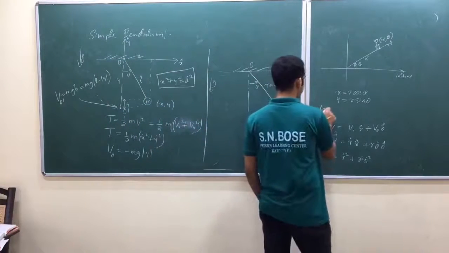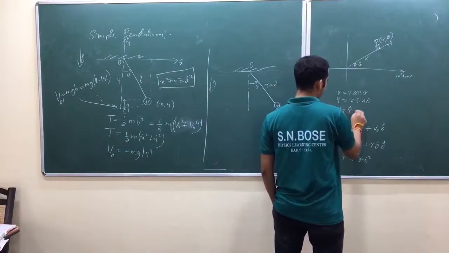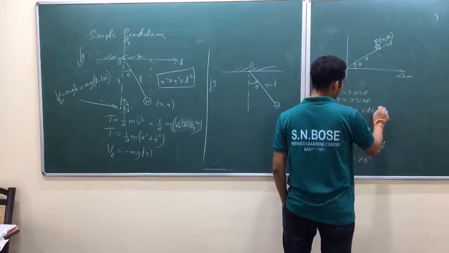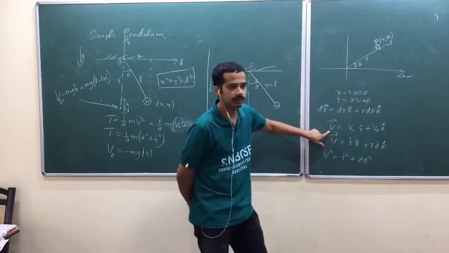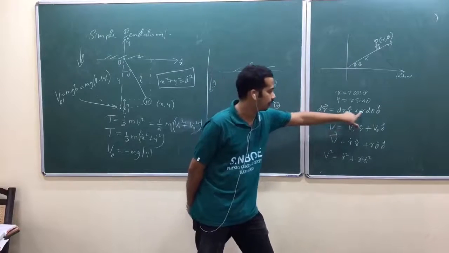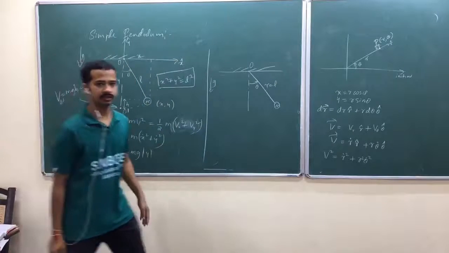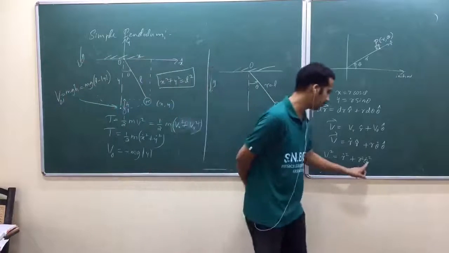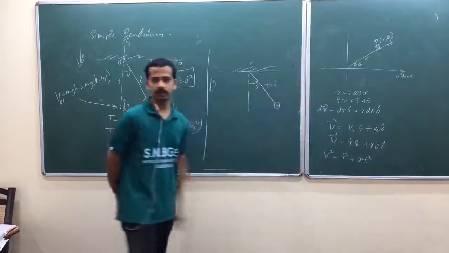How do you write your dr vector? Any idea? I think dr into r cap plus r d theta into theta cap. And divide this one by dt, you will get the velocity r dot, r theta dot, like that. Just do that. And in case of spherical polar, you get one more term, r square sin square theta phi dot square. You don't have that term here.